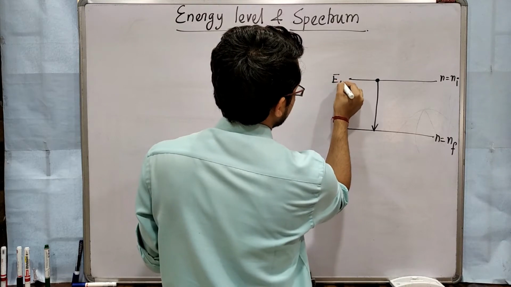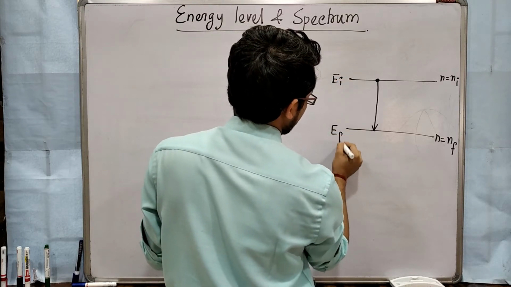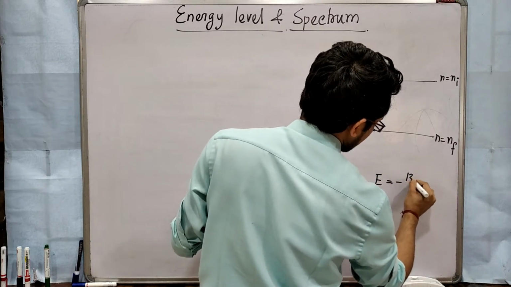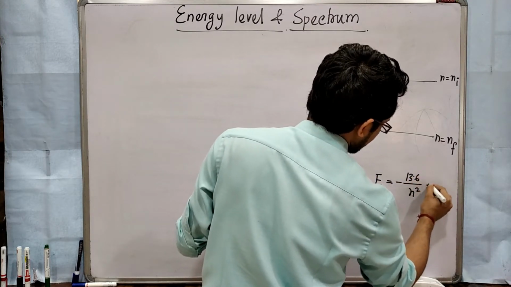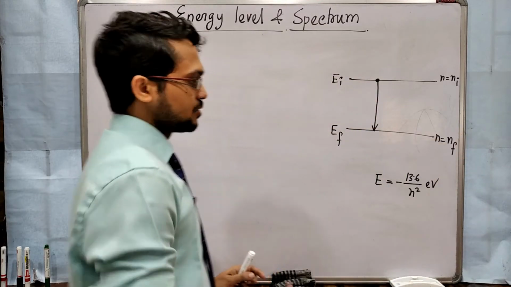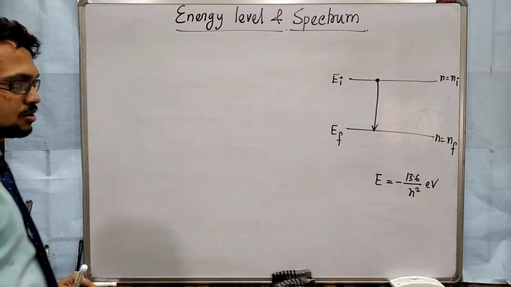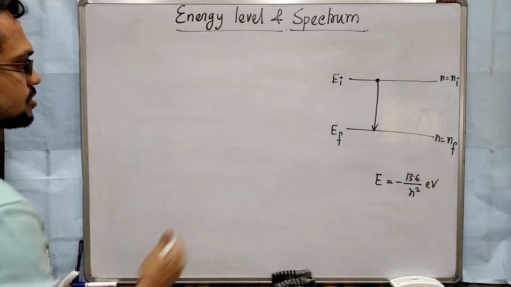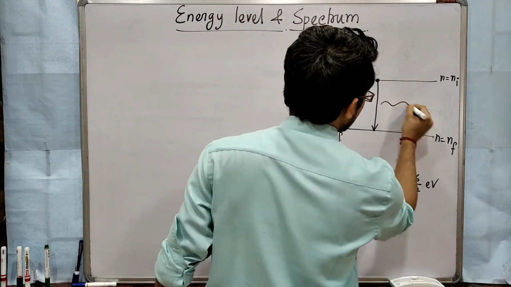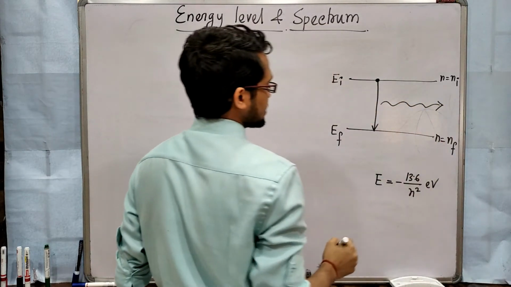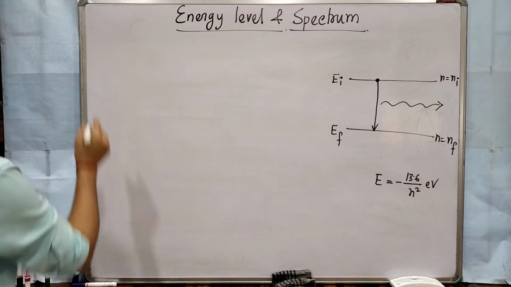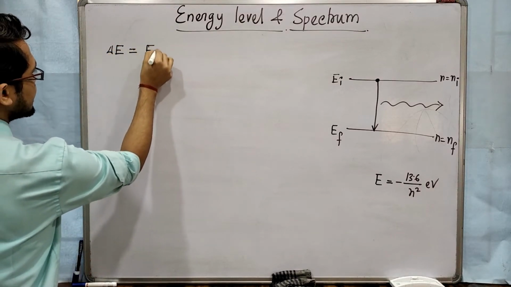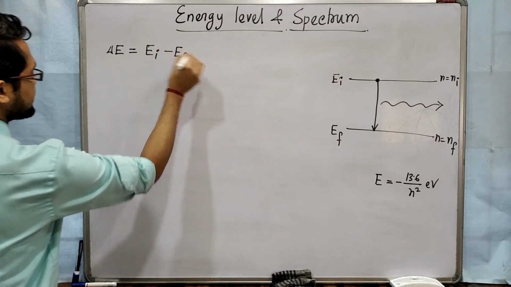The energy of this state is Ei and this is Ef. We know the general formula of energy is minus 13.6 by n square electron volt. To convert that energy into joule, we have to multiply by the charge of the electron. Here one radiation will be emitted, so what will be the energy of that radiation? It is the energy difference of the two levels, Ei minus Ef.